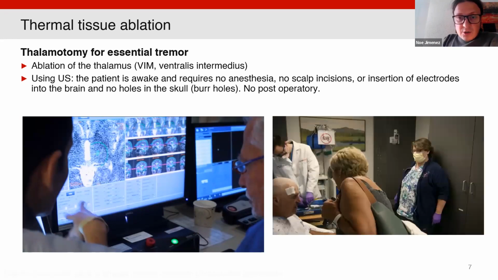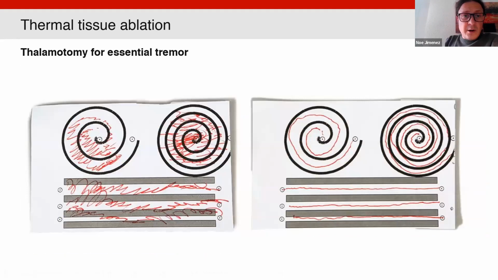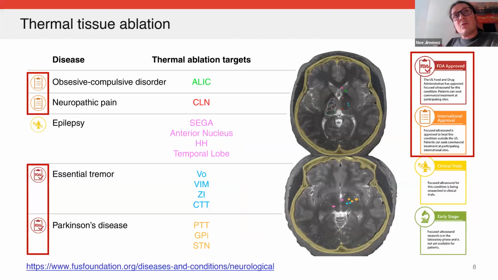So this is the result of writing before and after, and it's working very well. But when we need to target this, you need to be very precise in how to control the phases of each transducer in order to focus on a specific part of the brain.